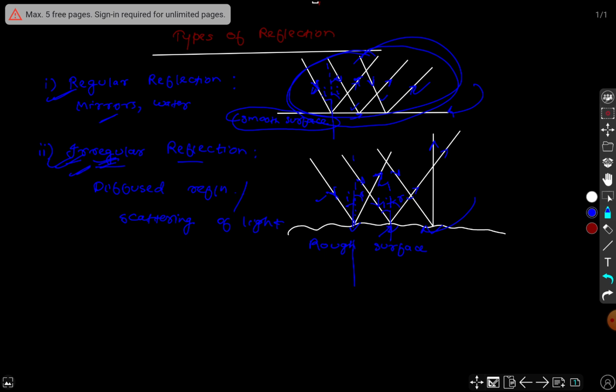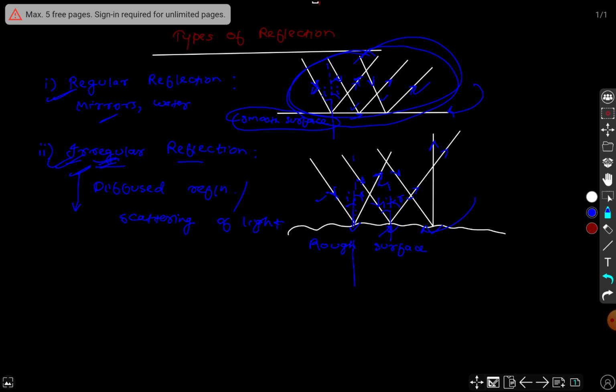Irregular reflection occurs in the case of objects like a table, chair, wall, etc. Just suppose that you are standing facing the wall. Now tell me, will you be able to look at your face in the wall? The answer is no. Why no?